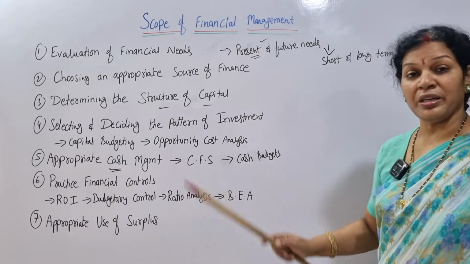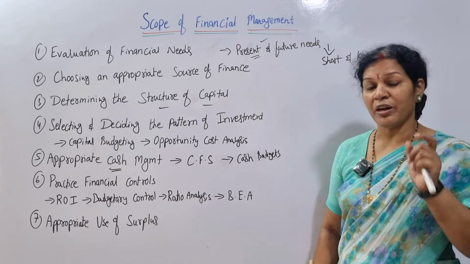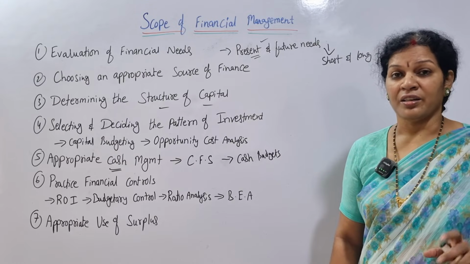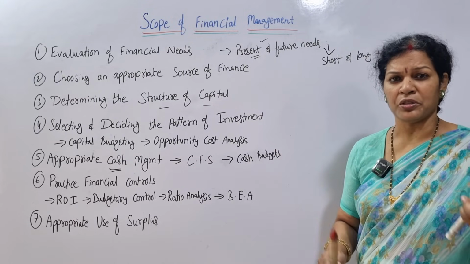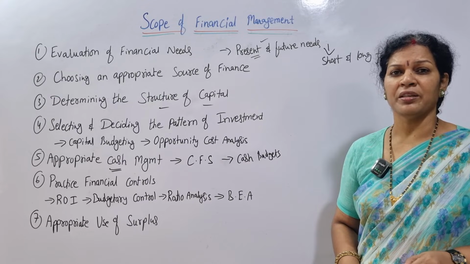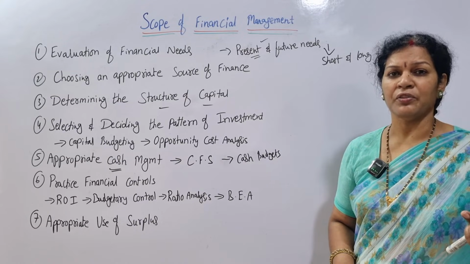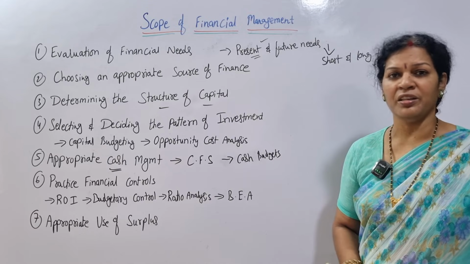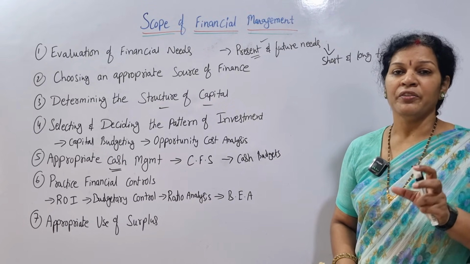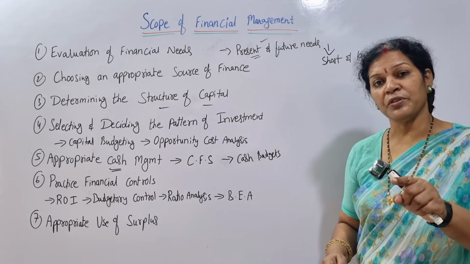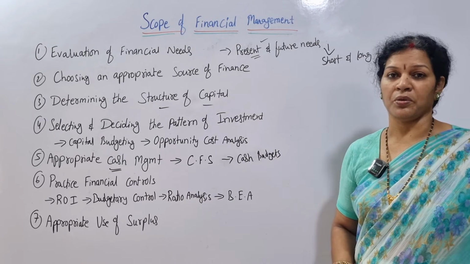In the same way, ratio analysis is another method of controlling the finance. In ratio analysis you'll come to know different ratios. Every ratio is indicating something. If you know the meaning of that, if you understand the concept, then automatically it's very easy to have an understanding about the finance aspect. Then once you get an understanding, it's easy to control.